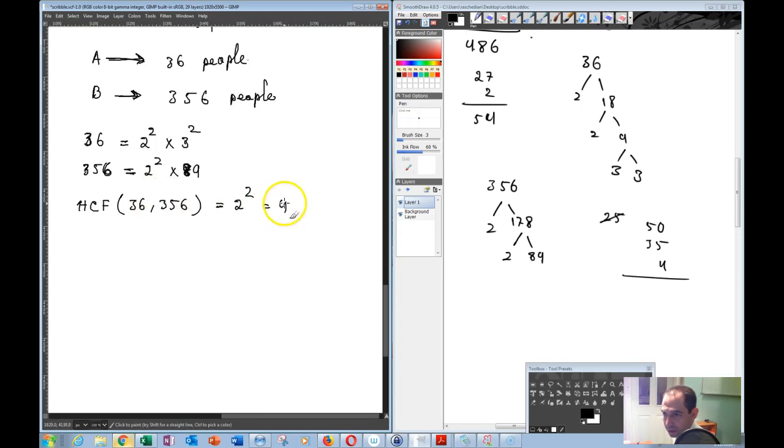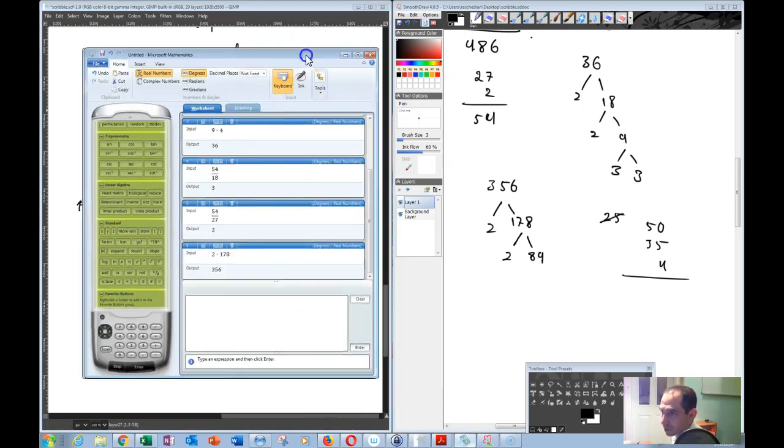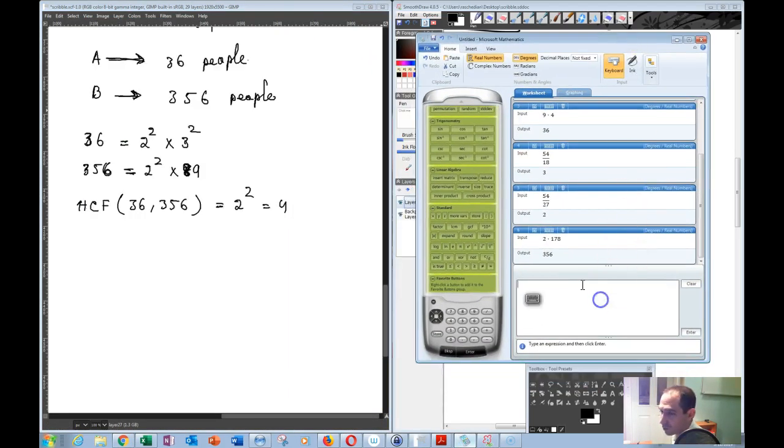That means that both of these numbers are divisible by 4. Of course, I picked these two numbers randomly. I didn't really know what they would be divisible by.